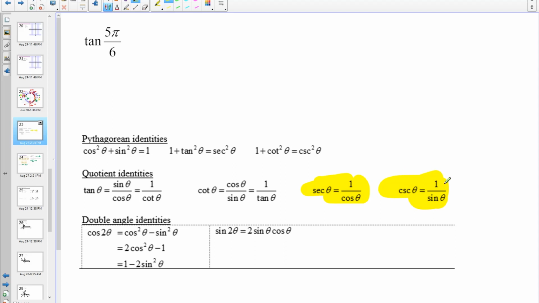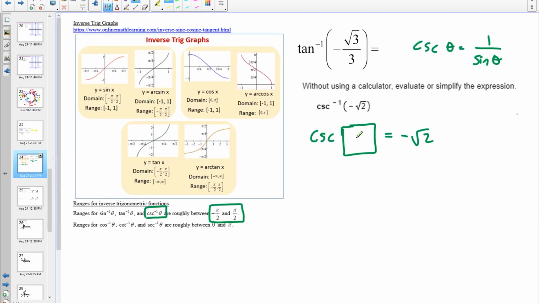So having memorized this, this is going to help me to figure out what angle has a cosecant of negative square root of 2. So if this is theta, this means that 1 over sine theta is equal to negative square root of 2, right? Because that is 1 over sine theta.